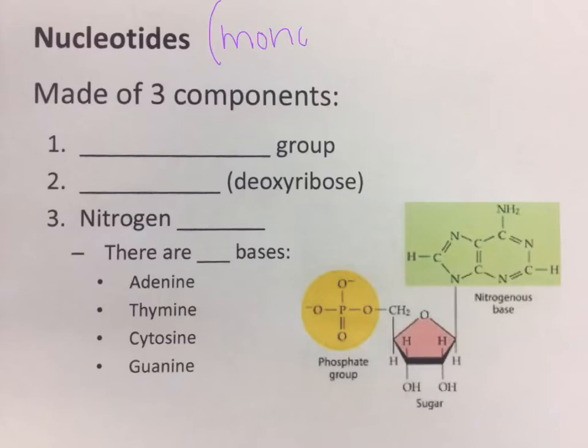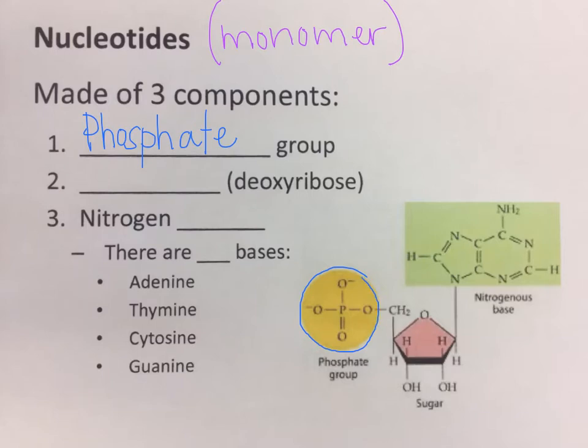This monomer is pretty complex compared to the other monomers we've looked at before. It's made of 3 components or 3 parts. The very first one is called the phosphate group. So this right here is the phosphate group. A lot of times you're going to see it drawn as a circle. If you will notice, we now have a new element.